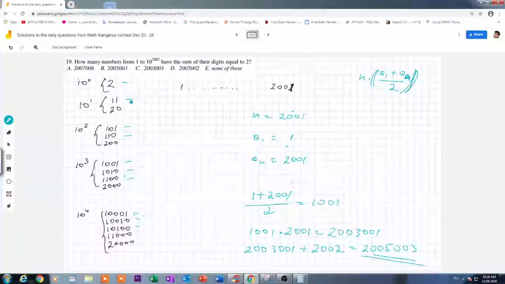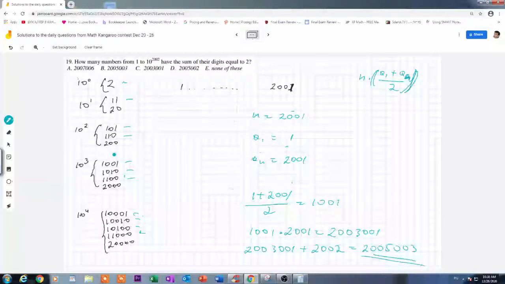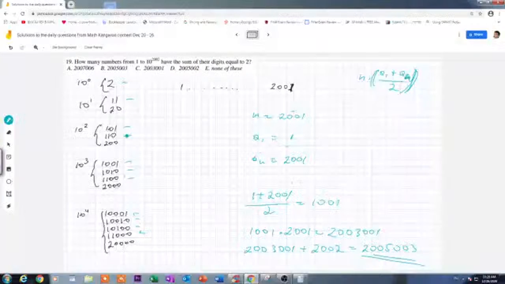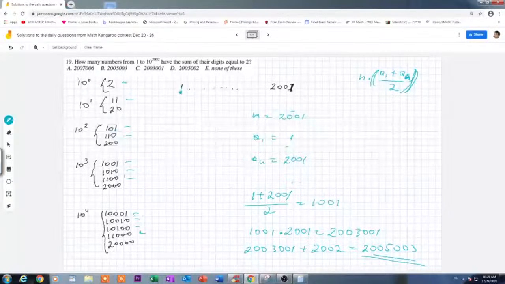So we have 1, 2, 3, 4, and so on, right? For each place value, we'll have one digit less.